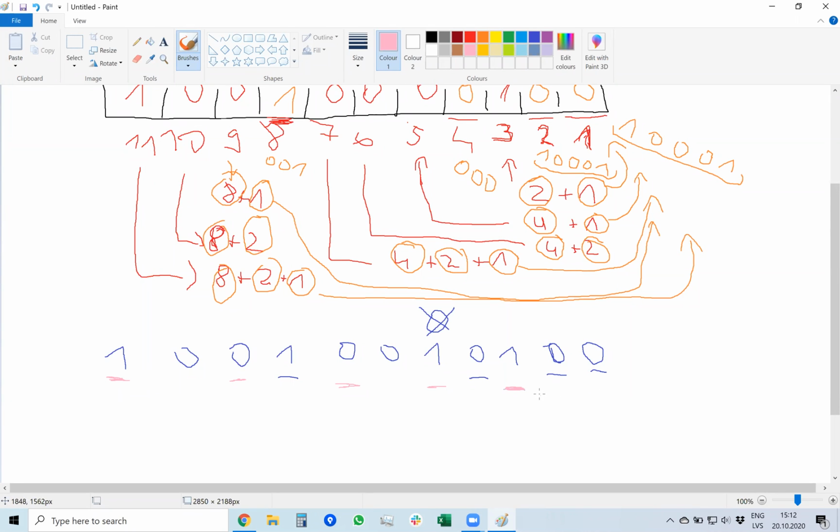So we count how many ones we have. 1, 2, 3 bits. So for this position, we used bits 1, 0, 0, 1, 1. It's 3 ones. So this, on our side, when we calculated, it is 1.